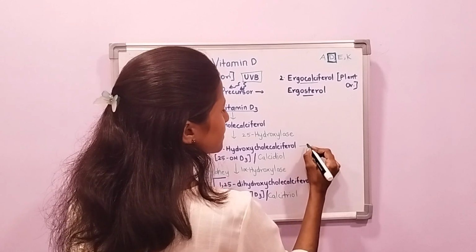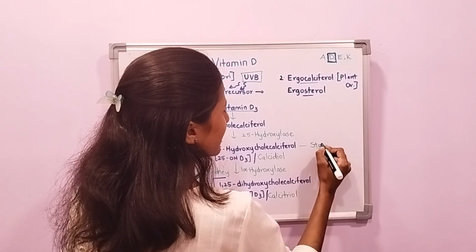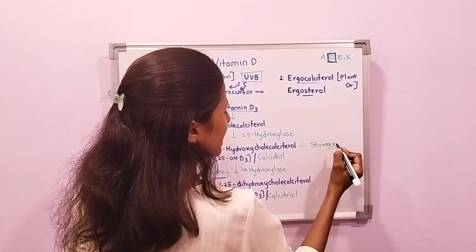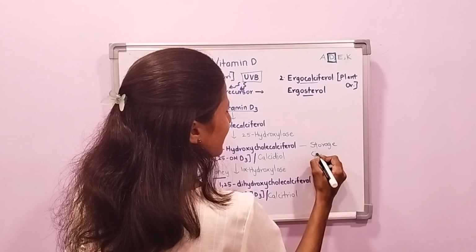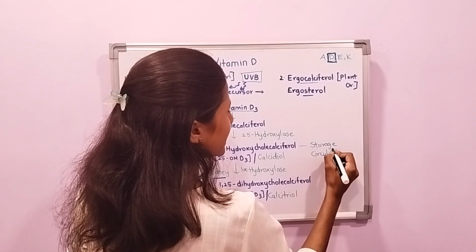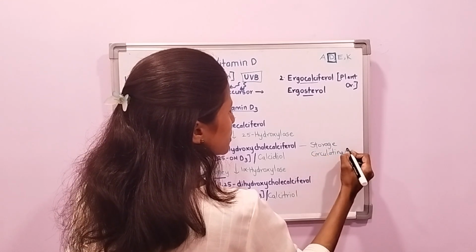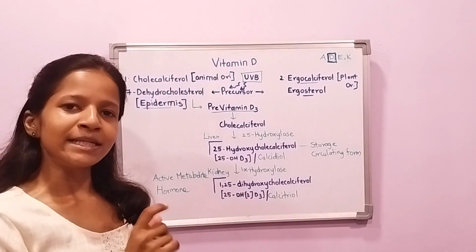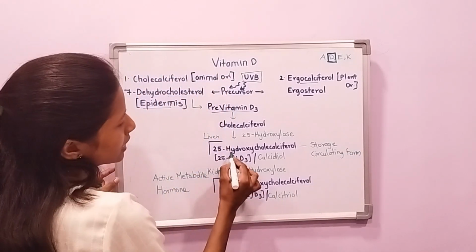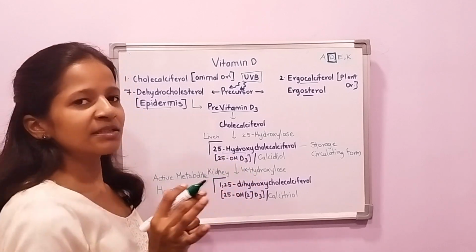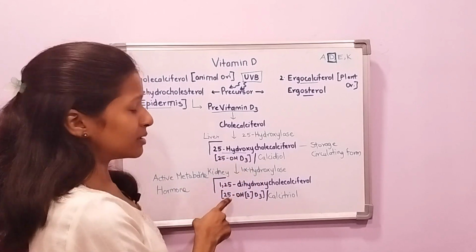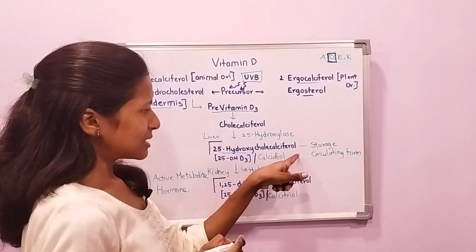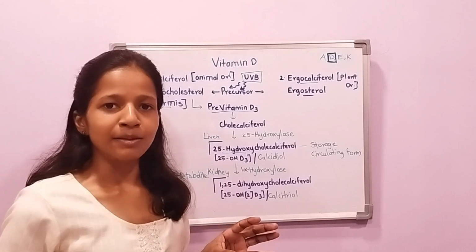25-hydroxycholecalciferol is the major storage form, and it is also the main circulating form in the blood. So when we are doing a blood test to check the amount of vitamin D that is present in the blood, 25-OHD3 is the form that we are looking for, not the active form, because this is the form that is mainly circulating in the blood.